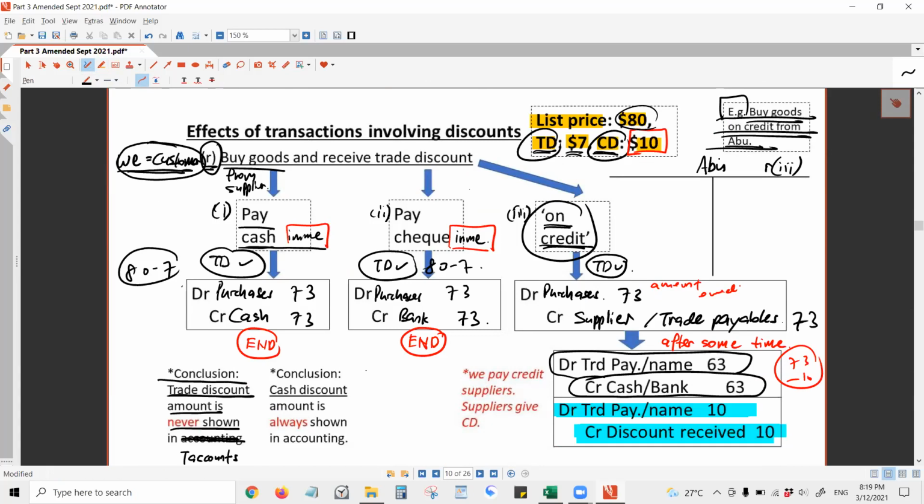Begin with buying goods on credit. We debit purchases, credit Abu, because we buy goods on credit from Abu. So you write 73 here. Credit supplier's account, $73. From that point onward, we owe Abu $73.